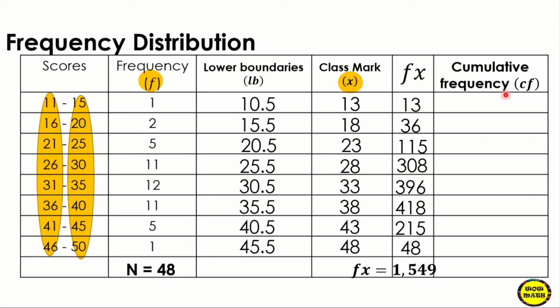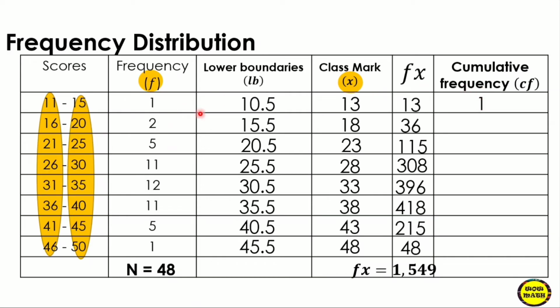Next is the cumulative frequency. So, yung CF natin, class, kung saan nag-start yung pinakamababa, doon ka rin magsisimula ng CF. Kung dito nag-start sa baba, yung 11 to 15, pataas, so dito ka mag-i-start din. Okay, so ang pagbabasehan mo dito kung saan yung pinakamababa, doon ka rin mag-uumpisa. So yung una nating nilalagay dito sa cumulative frequency is yung unang frequency, and that is 1. Okay, and then para makuha yung pangalawa, i-add natin itong 1 doon sa kasunod na frequency.